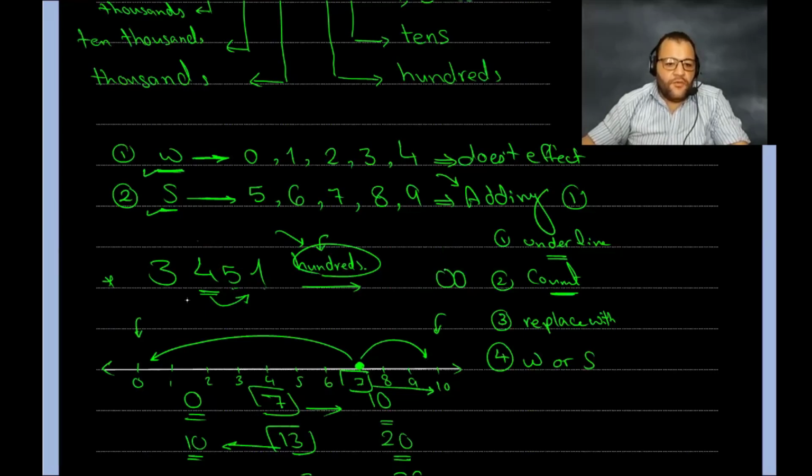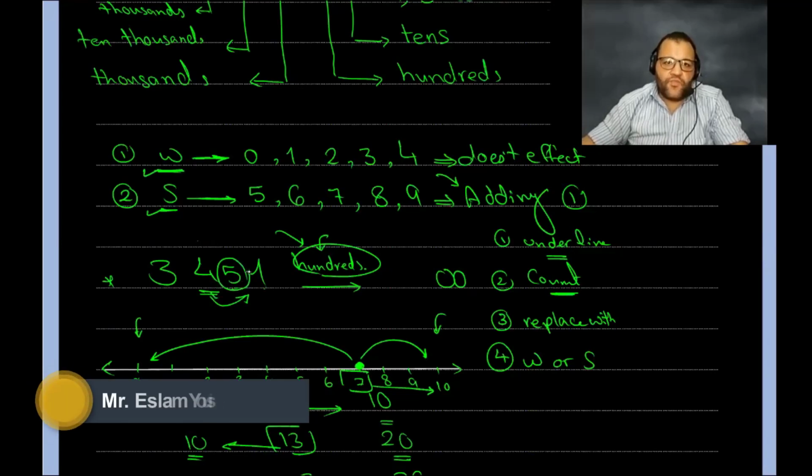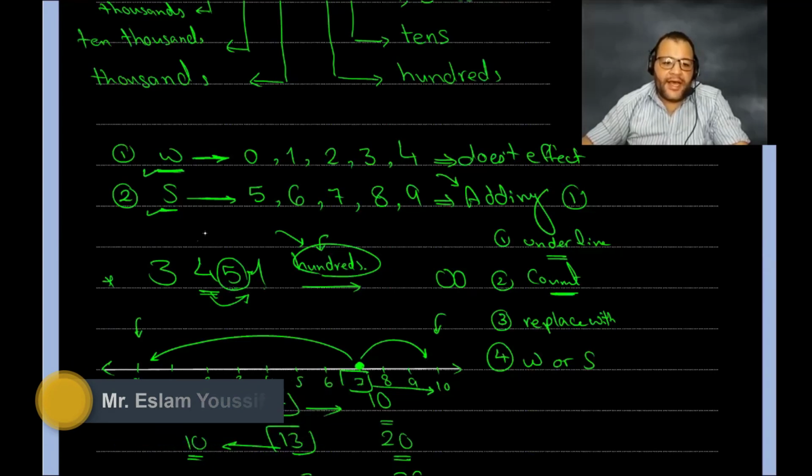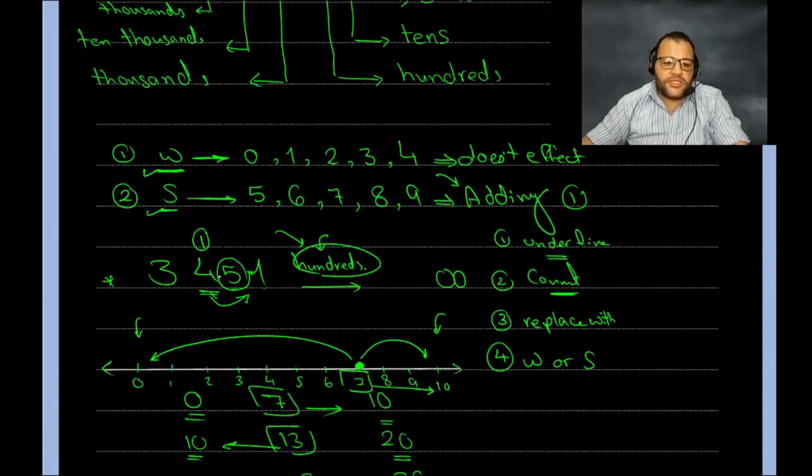Then 4, look at the right. What is the digit at the right? 5. Is 5 from the strong or from the weak numbers? From the strong numbers. So it will add 1. 1 plus 34 equals 35. Is it clear now? Yes.